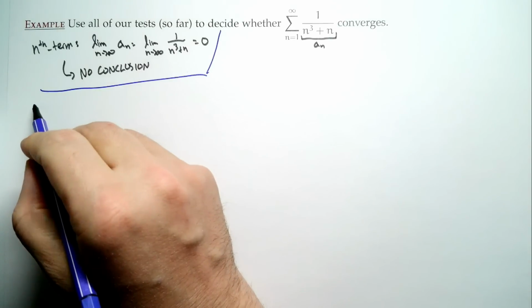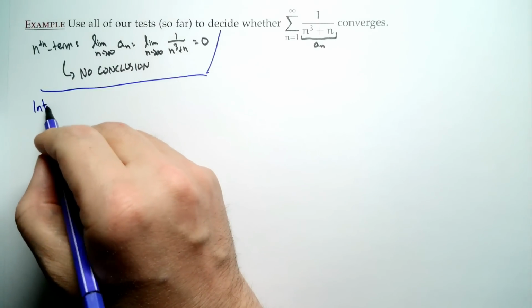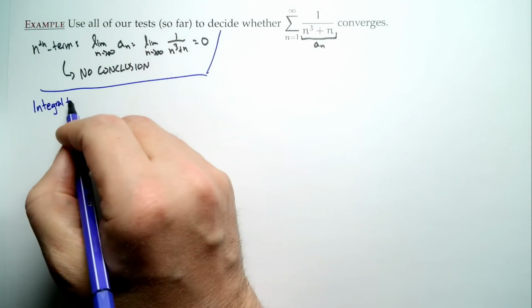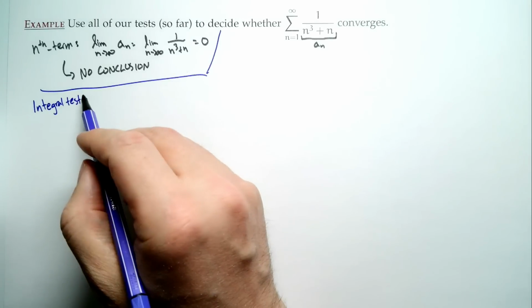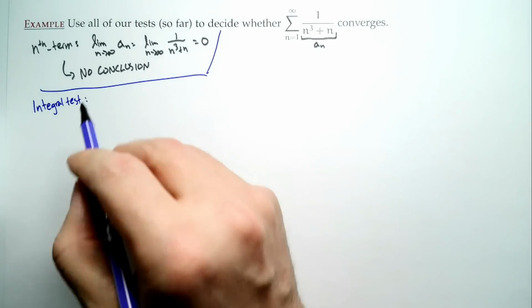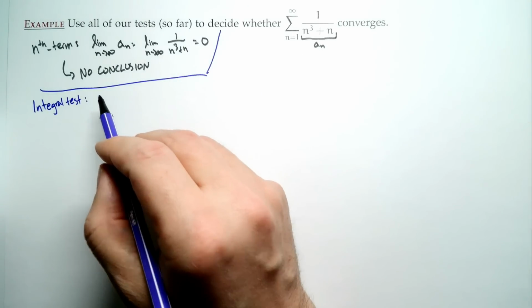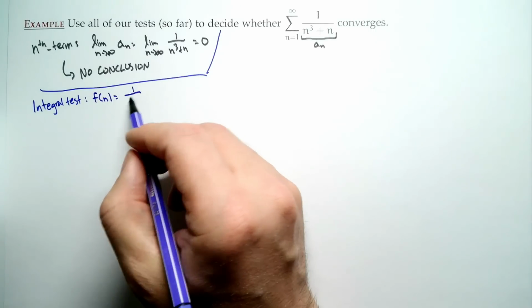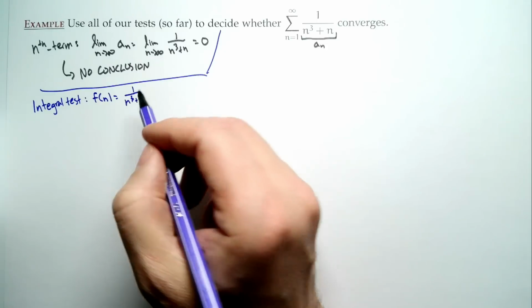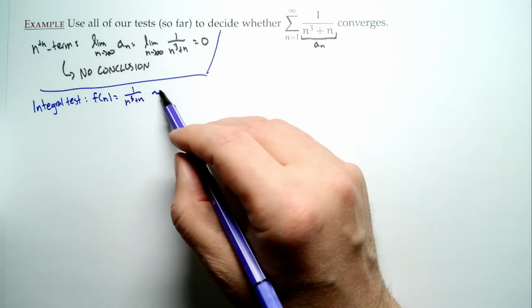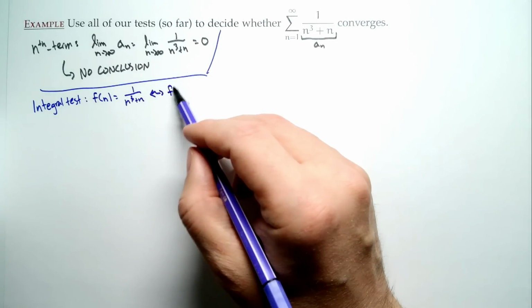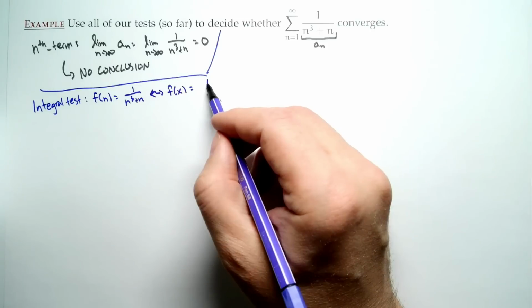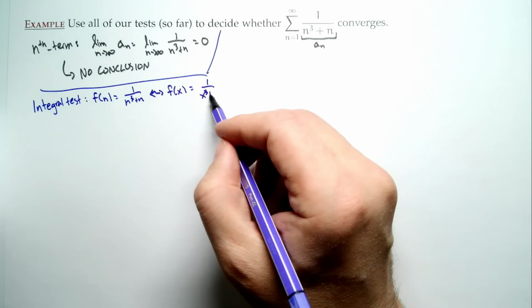Now, let's talk about the integral test. The integral test says, let's think about this as a function. And so what's our function? Well, if we think of our f of n as 1 over n cubed plus n, then we should really think about this as saying, let's look at f of x as 1 over x cubed plus x.